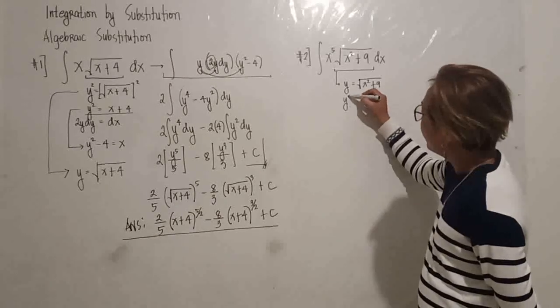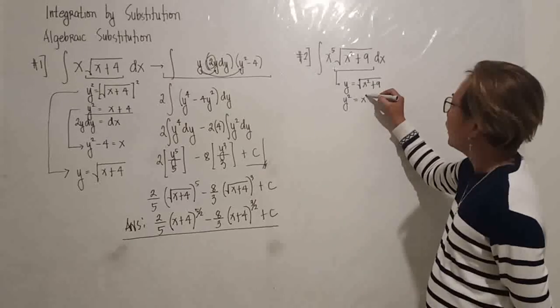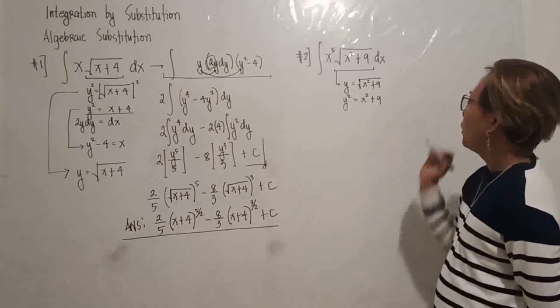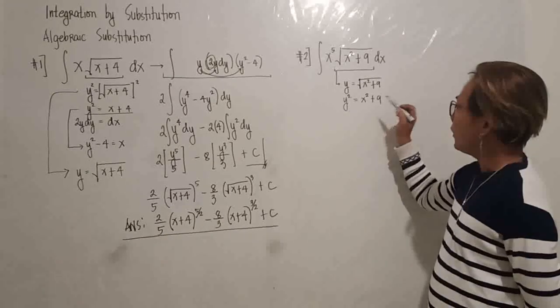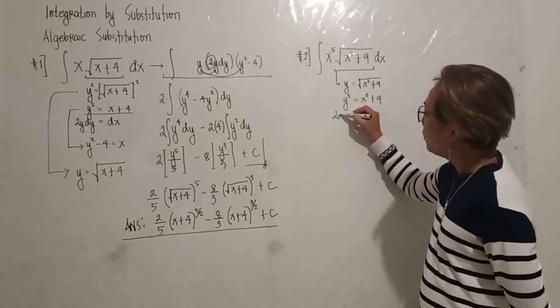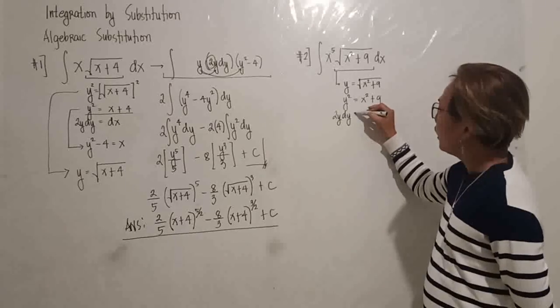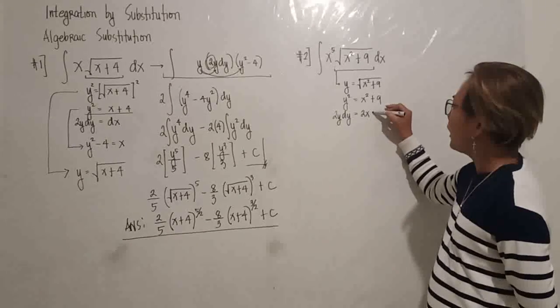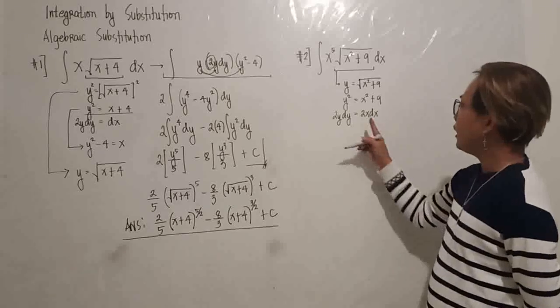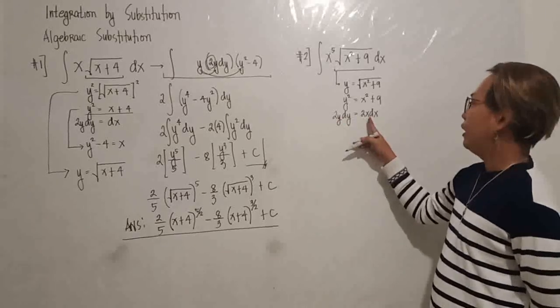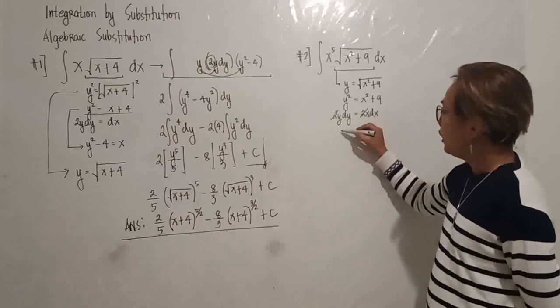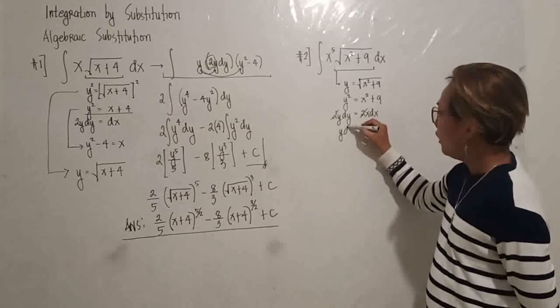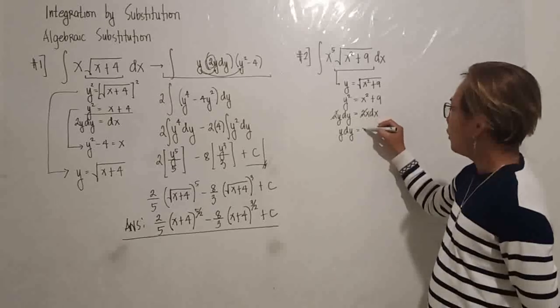You will now have y squared equals x squared plus 9. Ngayon, you have to derivative this equation. You will now have 2y dy equals 2x dx. Since we have 2 sa parehas na side, you will have to cancel 2. Ang matitira is y dy equals x dx.